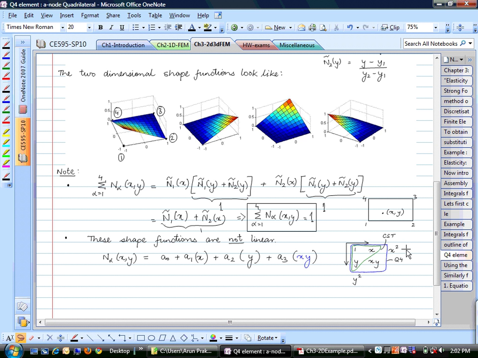So as we increase the degree of the polynomial in x and y, we will be including more and more terms in our approximation. So we would expect better and better accuracy of our finite element problem.